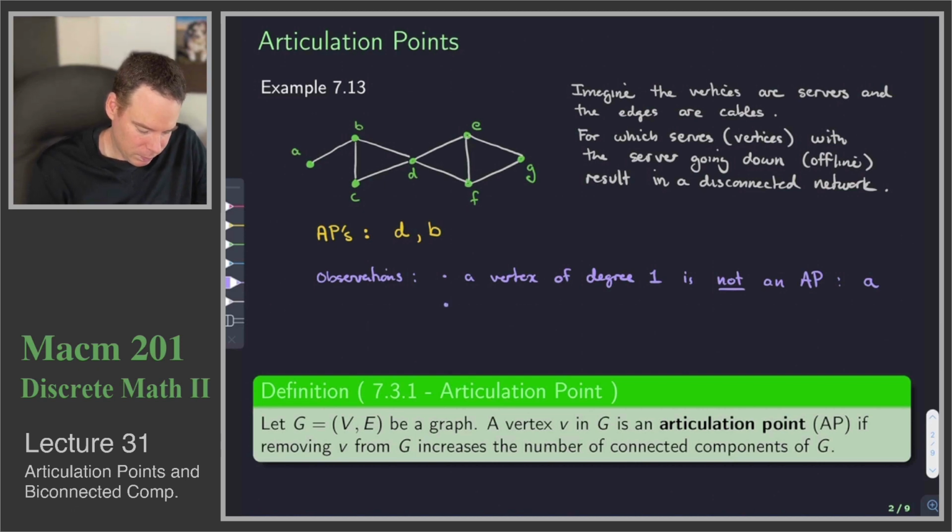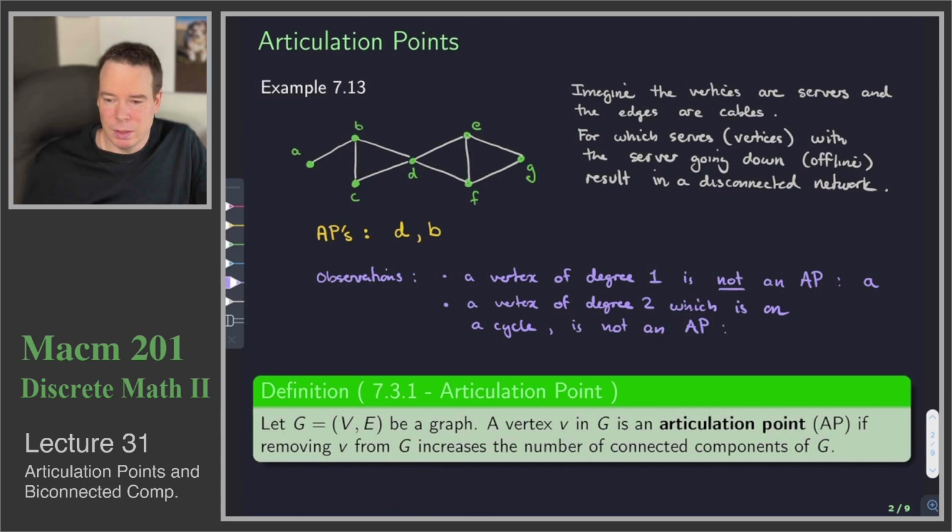What else do we have? Well, a vertex of degree 2, which is on a cycle, is not an articulation point. And that's just because if I have a vertex of degree 2 and I remove it, if it's on a cycle, then there are other ways to get to those vertices that were on either side of it.